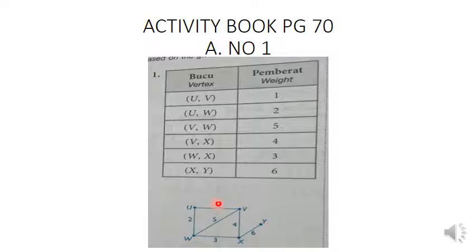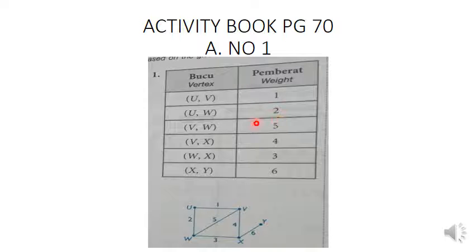You can draw the same length, even though here the weight is 1 and from U to W the weight is 2. UV and UW same length, never mind. But don't forget to write the weight 1 here and the weight here is 2.